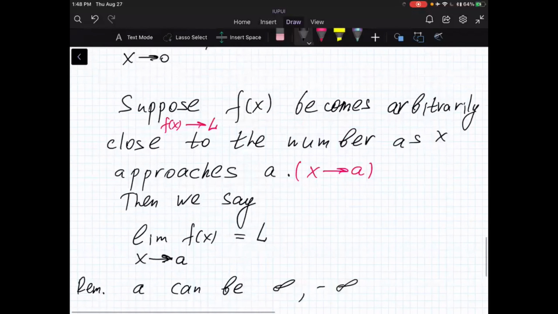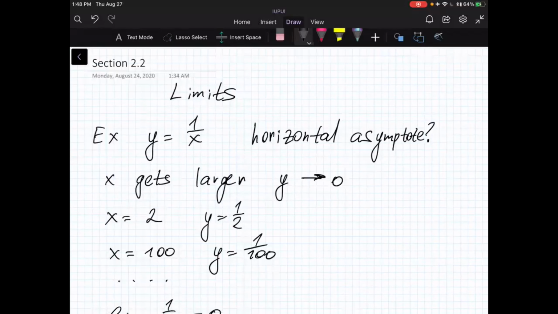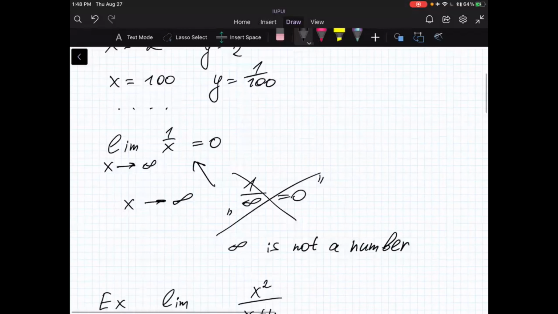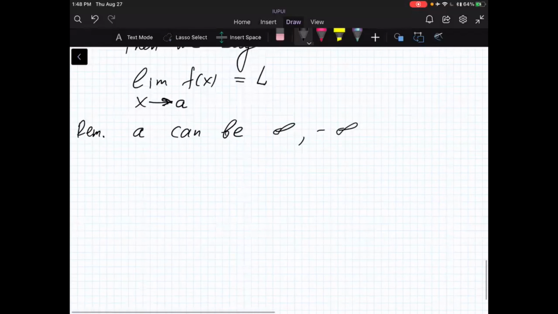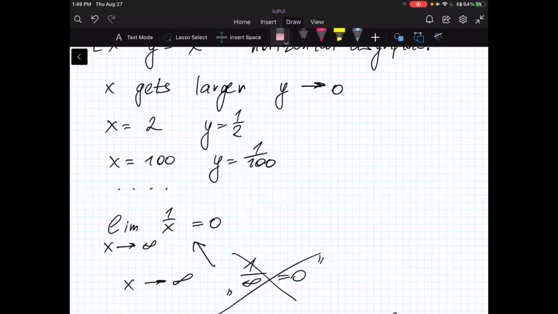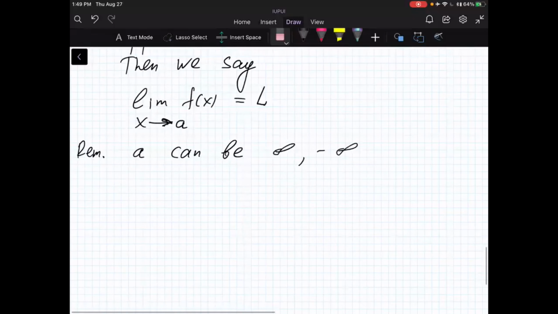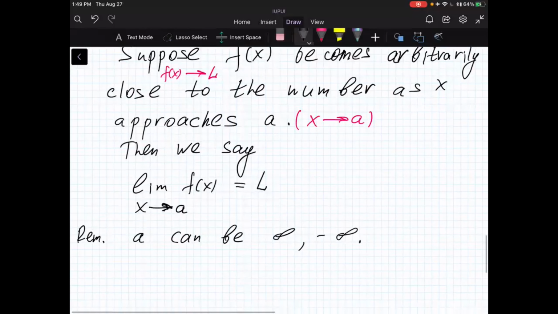As we have seen in our first example, when we considered 1 over x and were interested in what happens when x becomes larger, that means x goes to infinity. So this definition also covers the case when x approaches infinity and minus infinity.